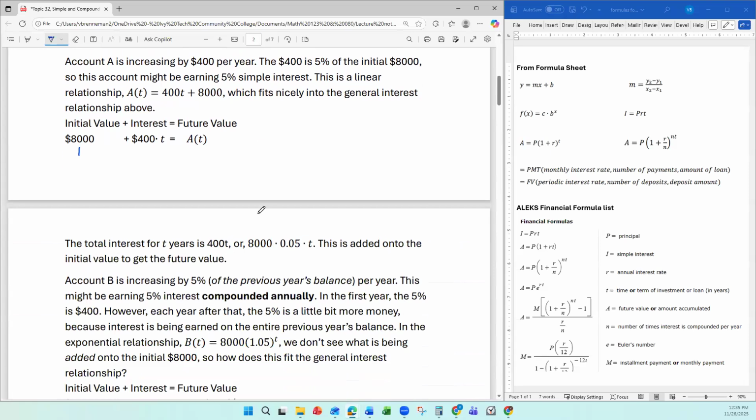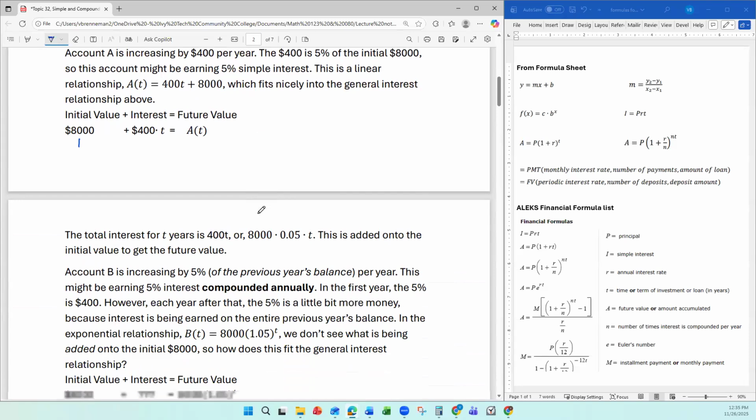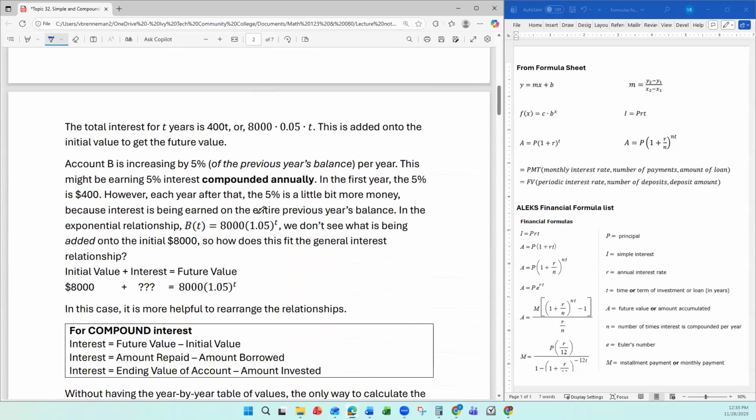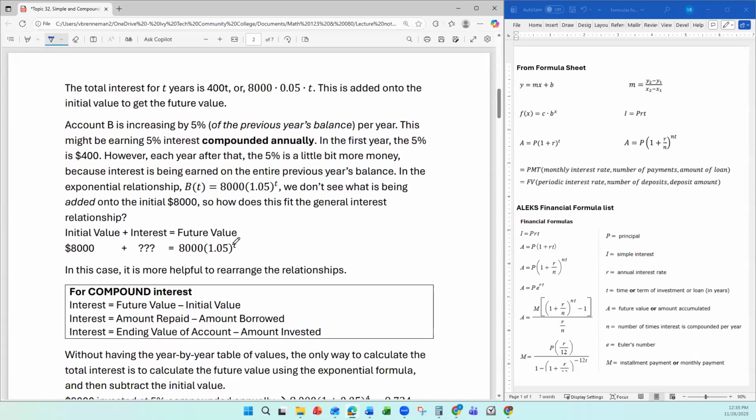That total interest is 400 times T, the 400 being the 5% of the 8,000. Account B, you cannot do that. The future value was 8,000 times 1.05 to the T, and you can't break that down into easily something being added to 8,000. So all you can do is find the future value and reverse the process.